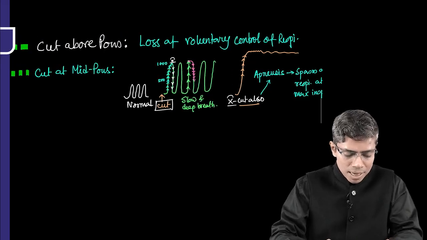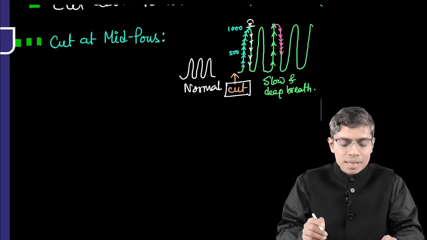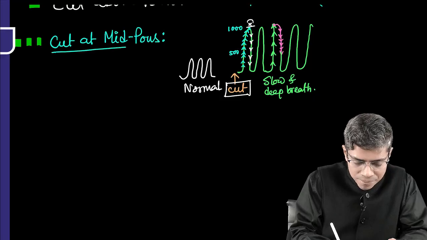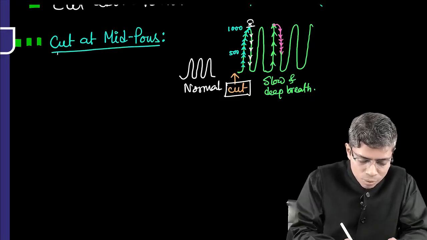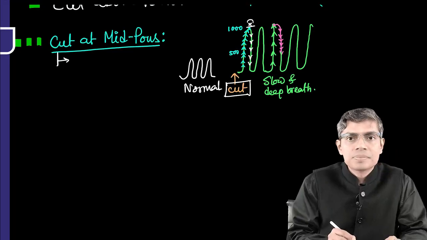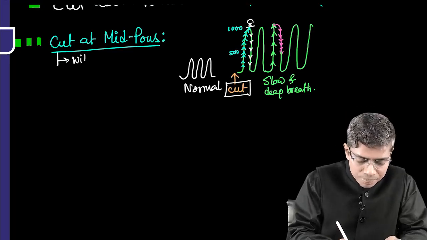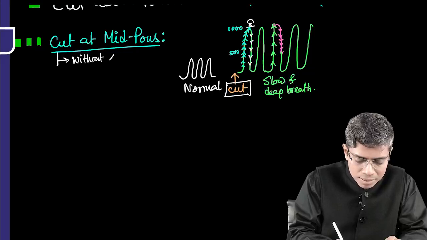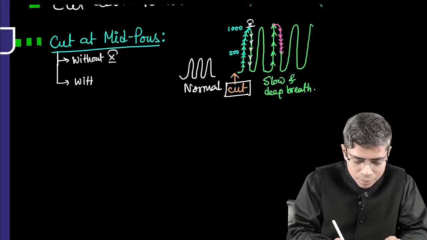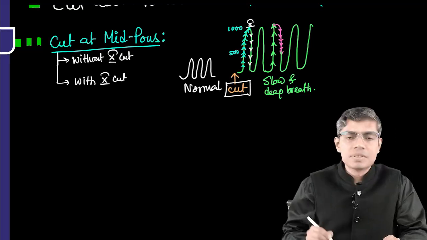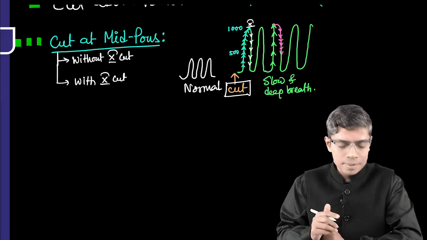So now you can answer here that if you give a cut at the level of mid pons, there can be two scenarios. I hope this is absolutely clear to you. Without vagus cut, so without cutting the vagus nerve, and with vagus cut.